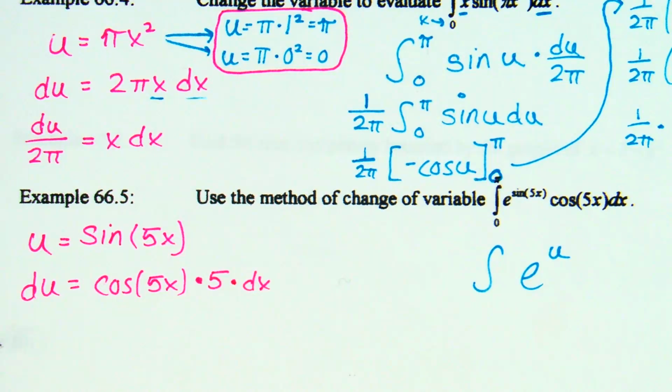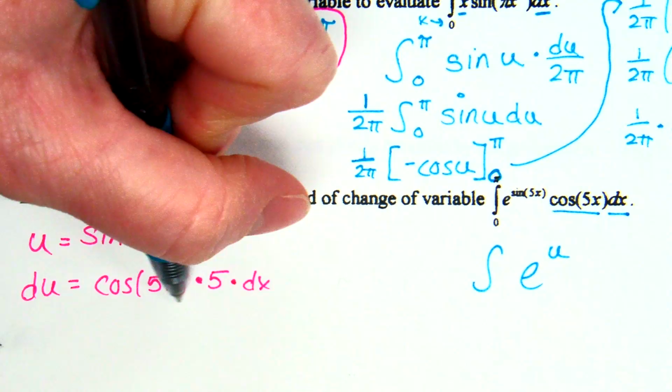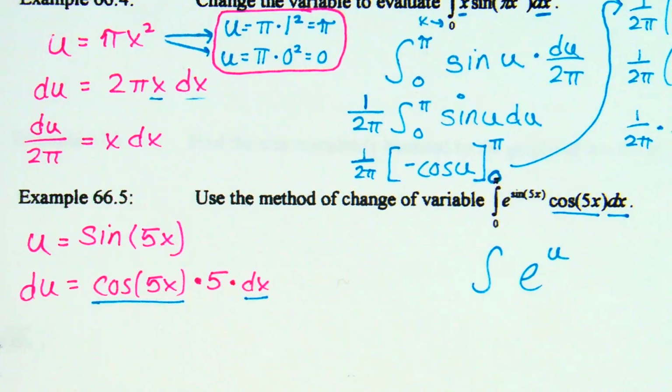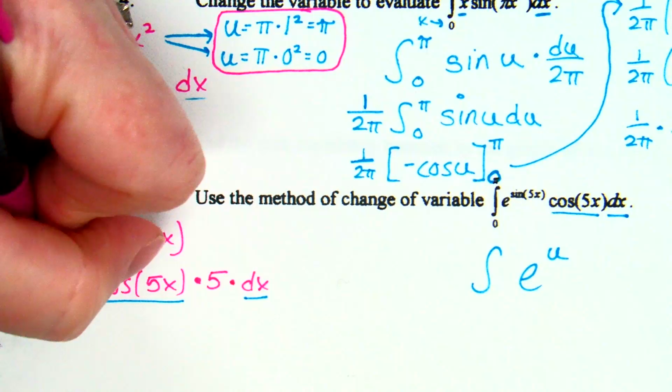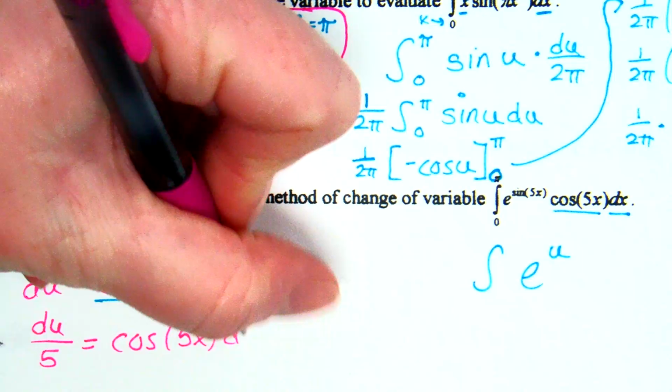What doesn't? The 5. You guys okay with that? I've already set this up as e to the u. Cosine 5x and dx are right there, yes? So what do I have to do with the 5? Divide it over. So du over 5 is cosine of 5x dx.